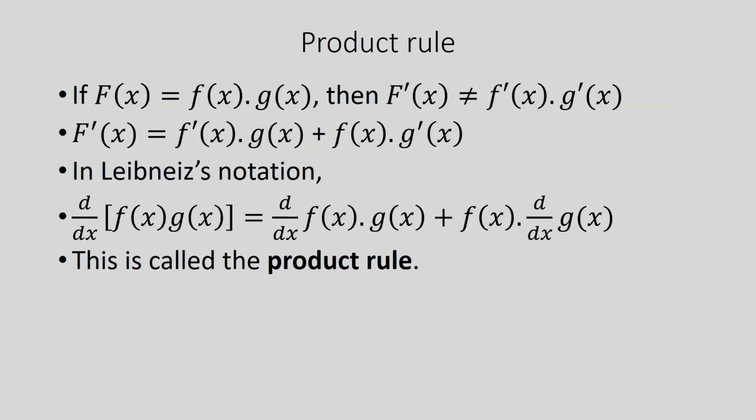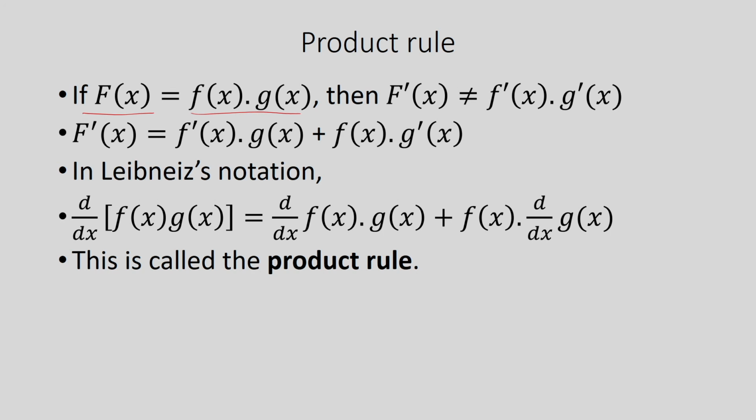We come to another rule which is called the product rule of differentiation. Here, if you take the product of two functions f and g, and suppose the product is called capital F, so capital F of x is equal to small f of x multiplied by g of x.